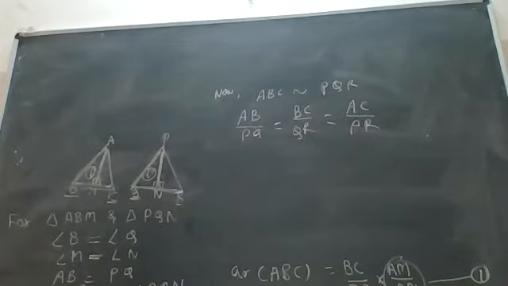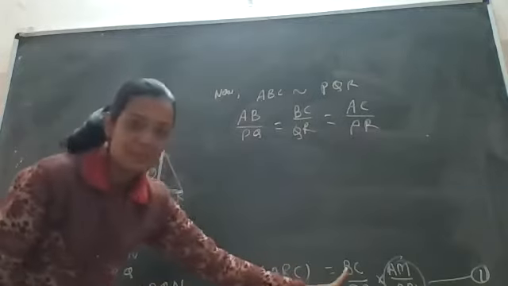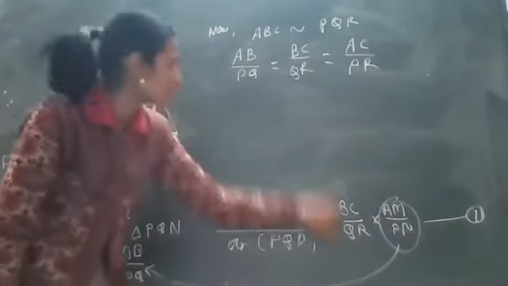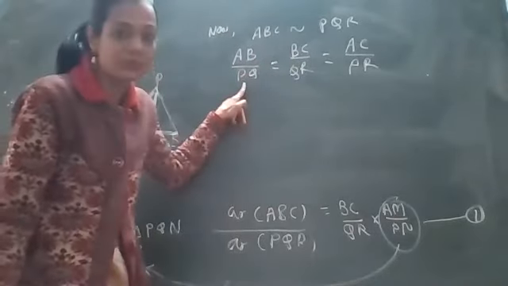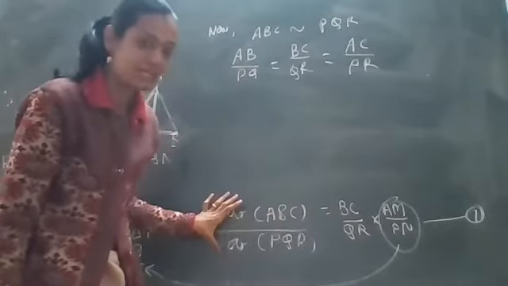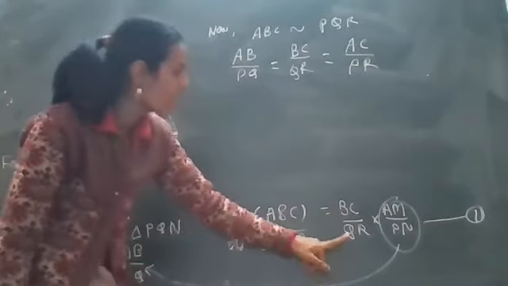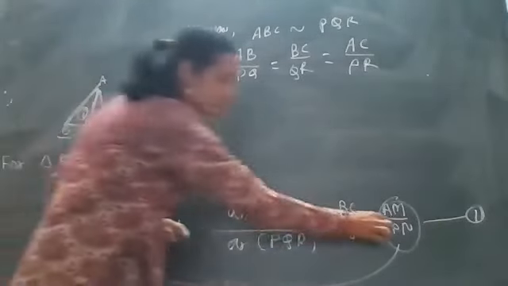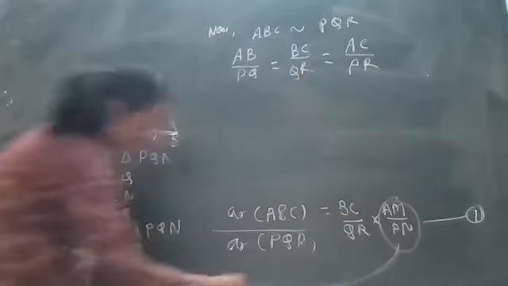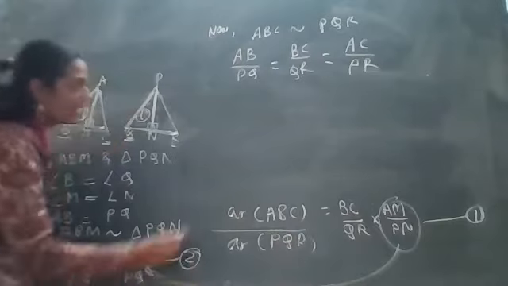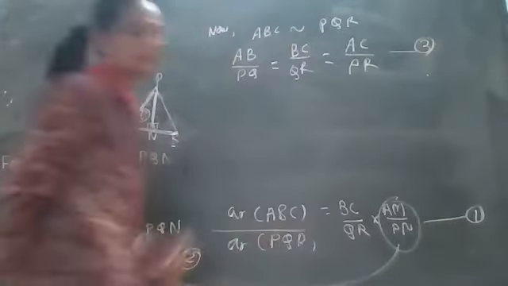Understood this one? So here is BC upon QR. So we can say BC upon QR, instead of this, we can write AB upon PQ. Yes or no? Now this equation is the same, but instead of BC upon QR, we are going to write AB upon PQ. Here also, in this place, AM upon PN, instead of that we can put AB upon PQ also. Let this be equation 2 and this be equation 3.